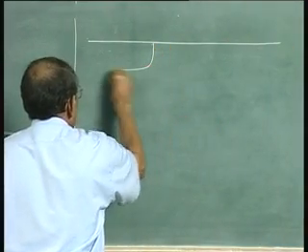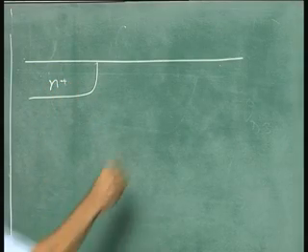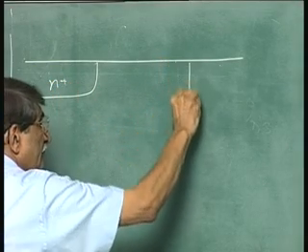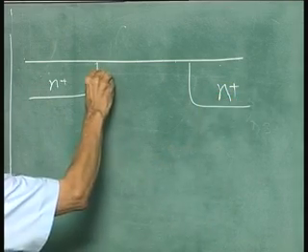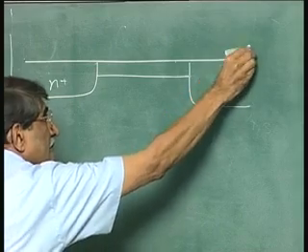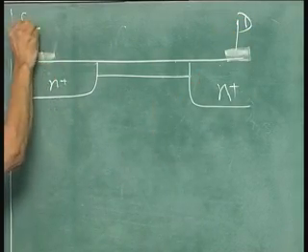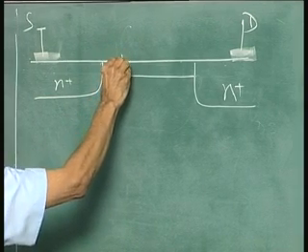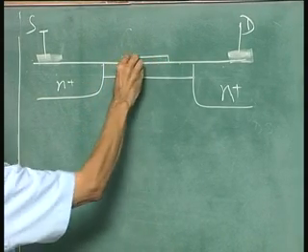Just put it like this, N plus, I am just augmenting the whole curve, the same FET, then the N plus, okay. And then you have got N layer. I have metal here, drain, I have the metal here, source, and I have this gate here. So, that is the gate.